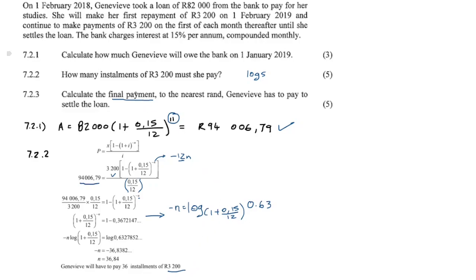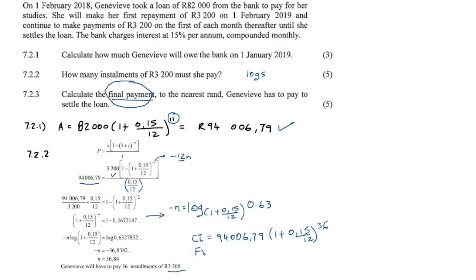So then how do you work out what the final payment would be? Because it won't be exactly the same. And so like we learned with outstanding balance, what you can do is you can just work out the compound interest on that loan of 94,006 done for exactly 36 months, and that's going to give you a big total.